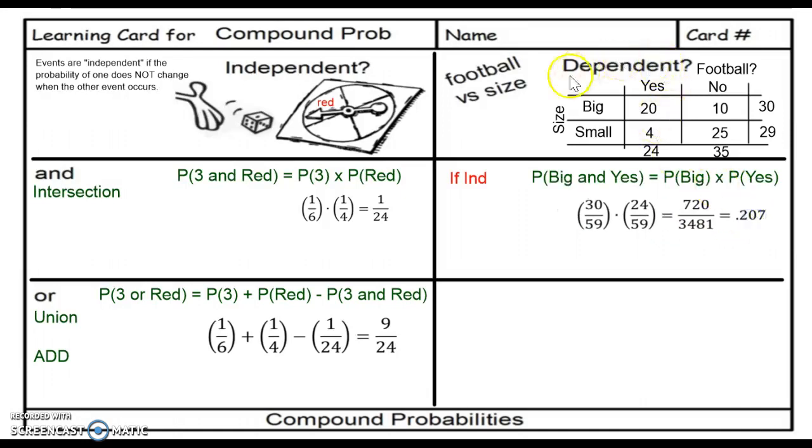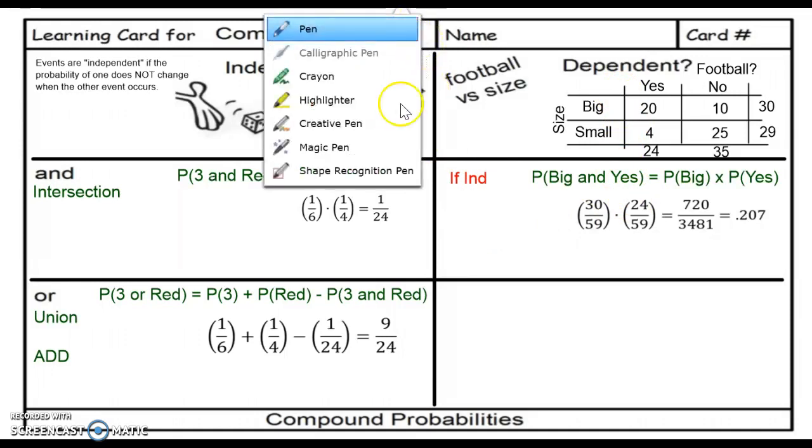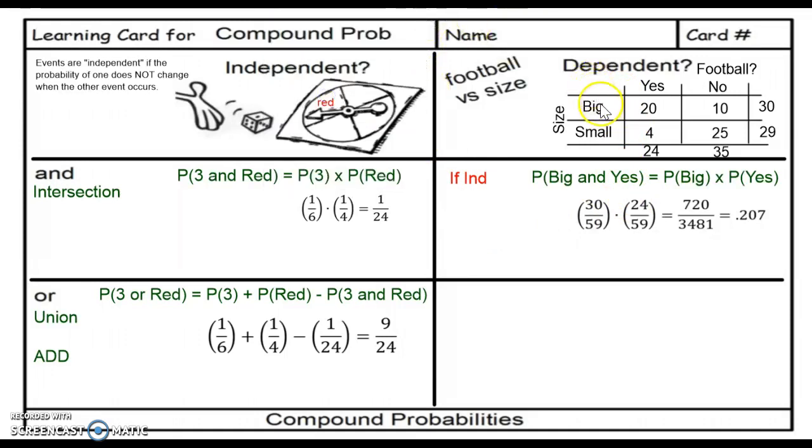But if we look at this two-way table, this contingency table, we can see that they are not independent. And here's the reason why. If we highlight and look at this question again, what is the probability of being big and playing football? Well, what we have is this right here.